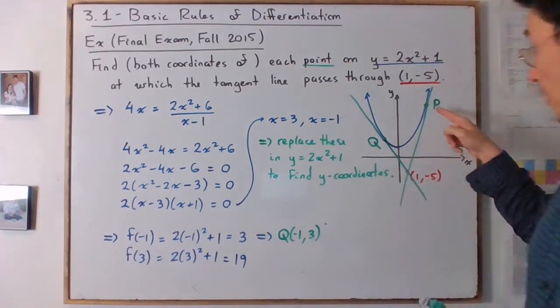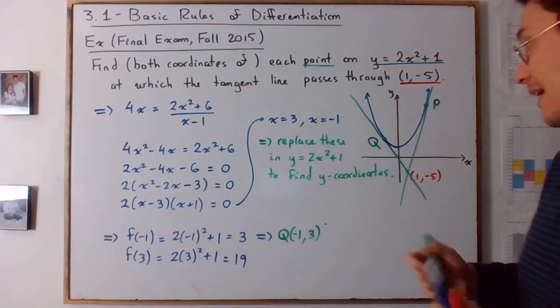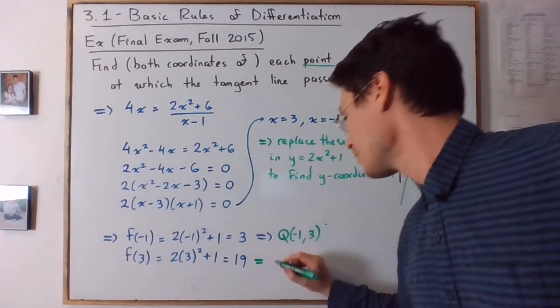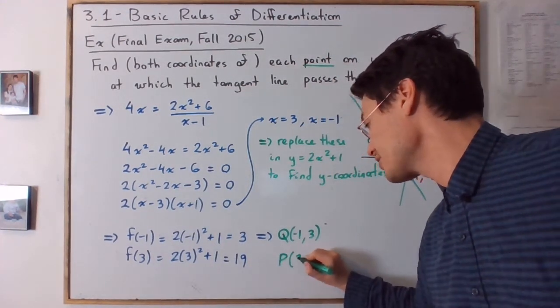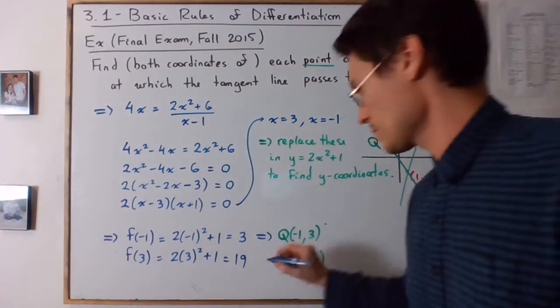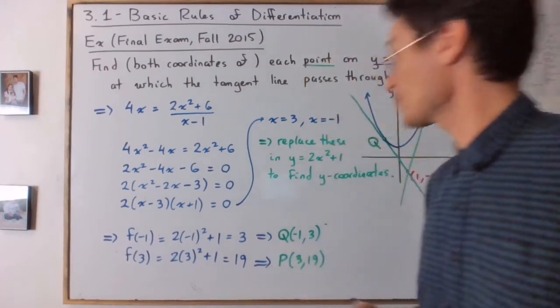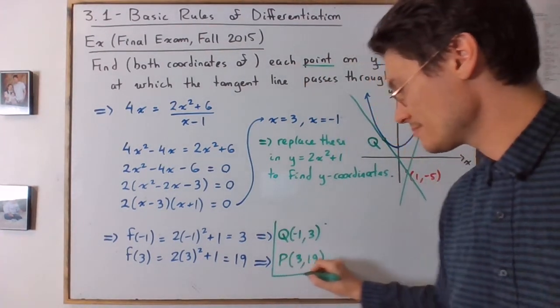So this means that the point P, that is really up there, is the point 3, 19. So these are the 2 points.